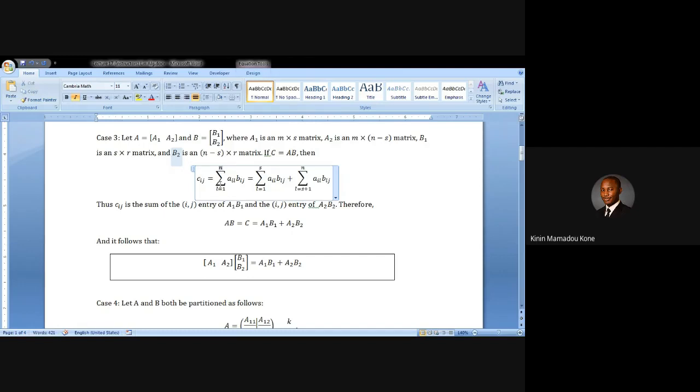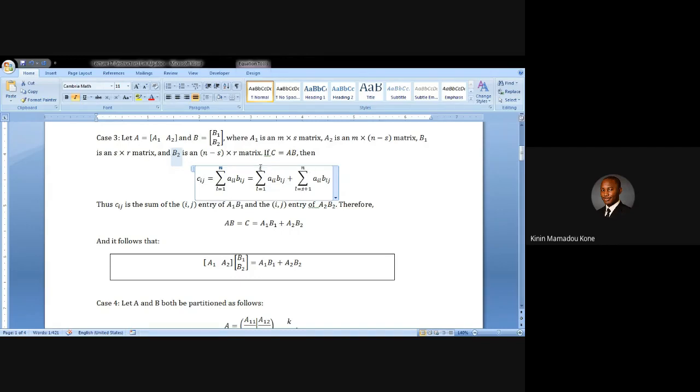So we go from, because we know that A is the m by n matrix. So we have n columns in total, and those n columns are being subdivided into s columns, and n minus s columns.